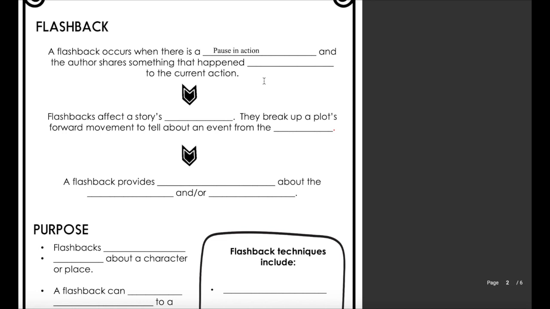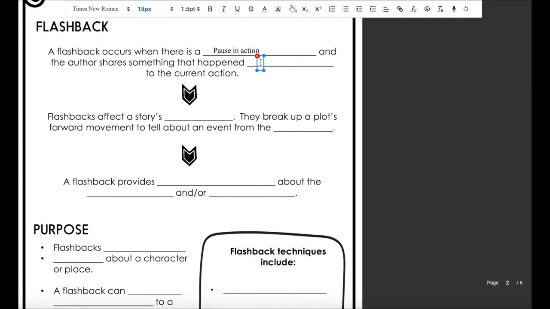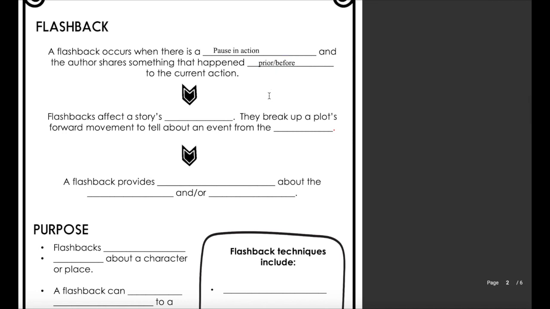So we're in the present and things typically move forward, but we're going to stop that forward motion, and the author instead is going to share something that has happened prior, or in the past, or before. So they're going to introduce me to something that happened before the current action.